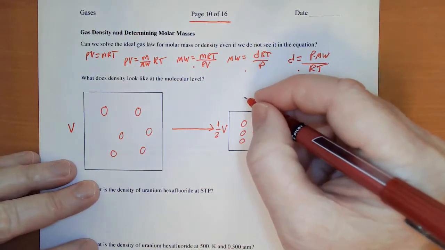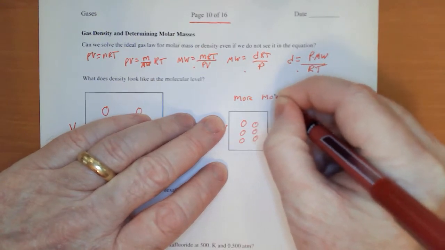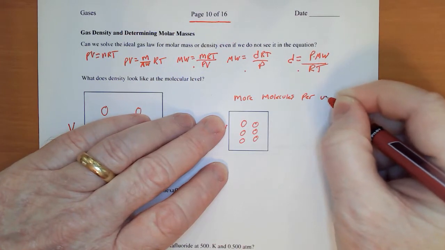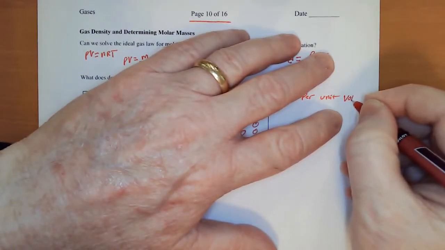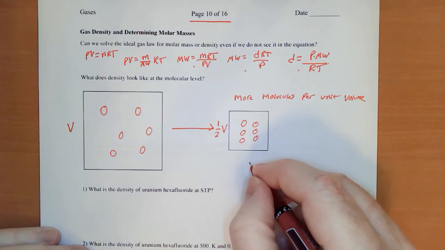More molecules per unit volume. Okay. They're going to be closer together here.